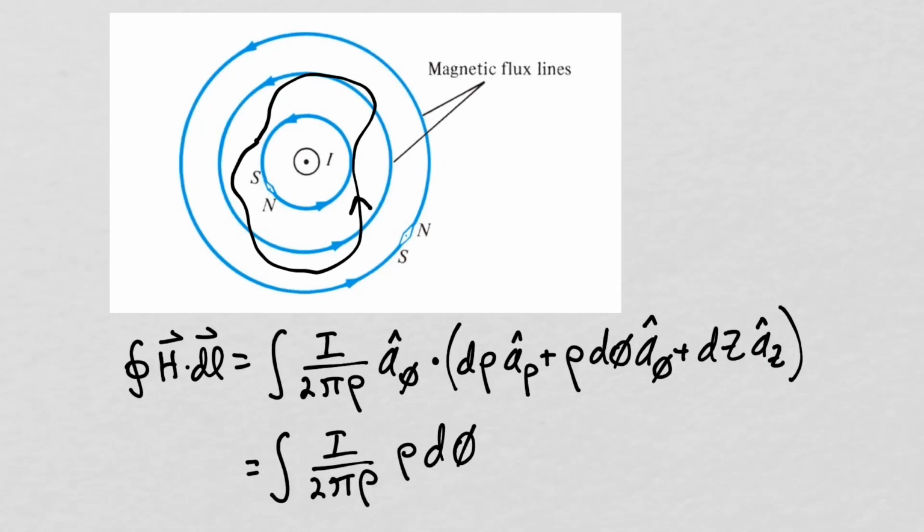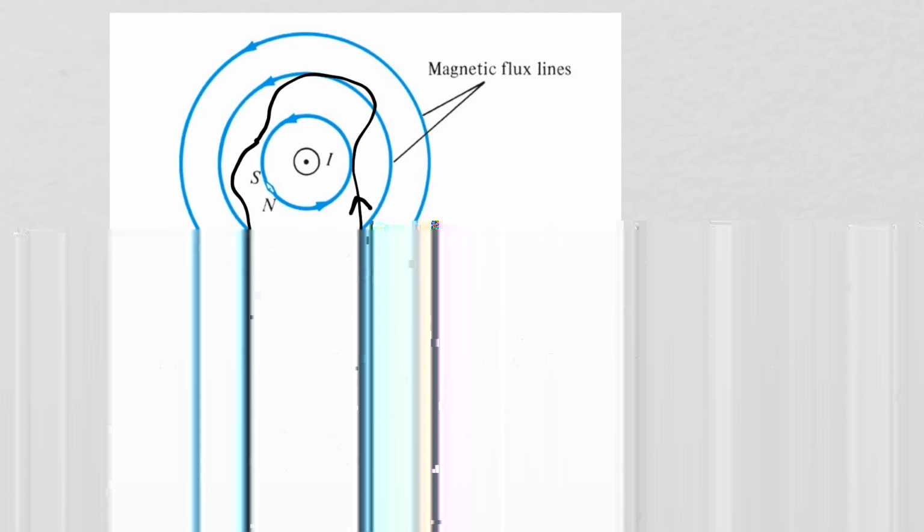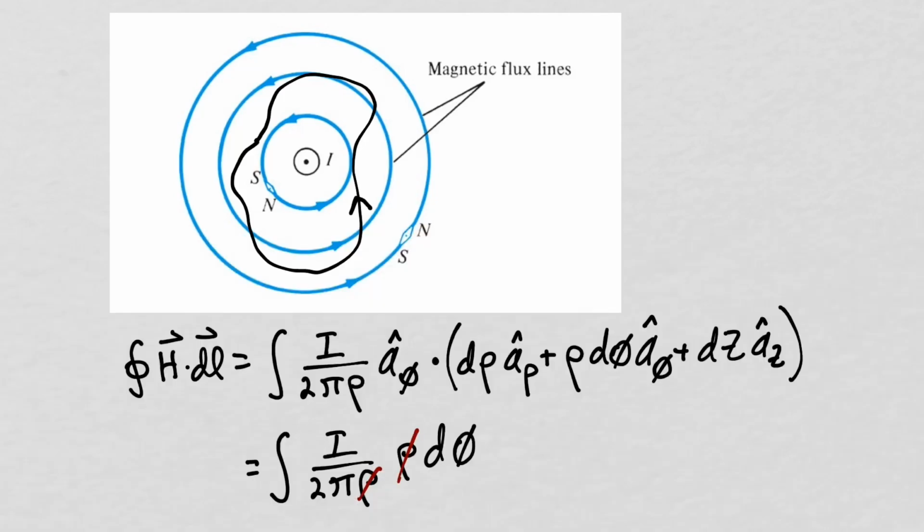So the rhos will cancel, and we will be left with the integral of I over 2 pi d phi, and so we're only integrating with respect to phi, so to go completely around our closed path, we'll go from 0 to 2 pi.